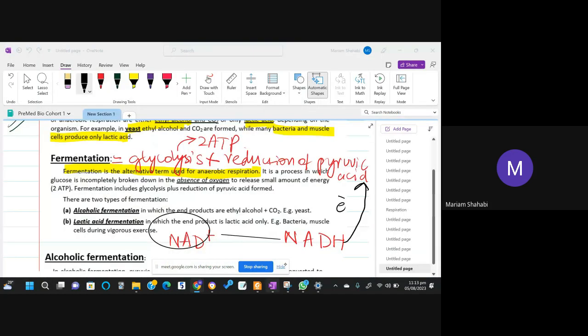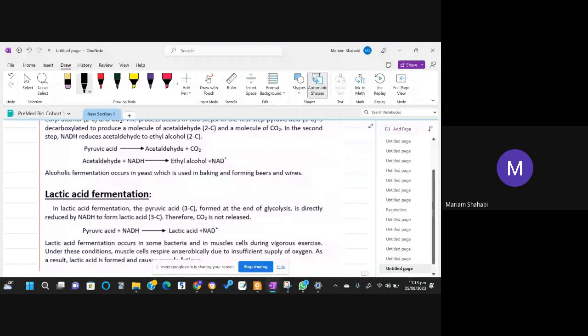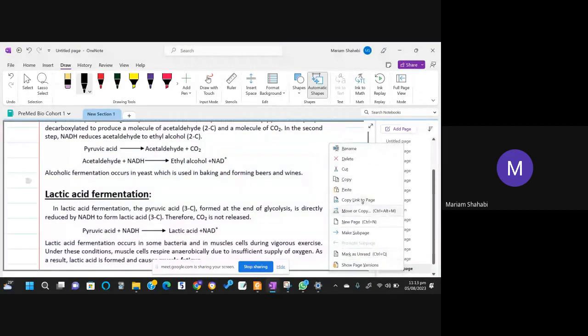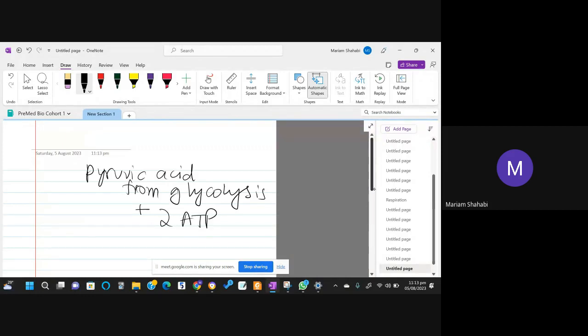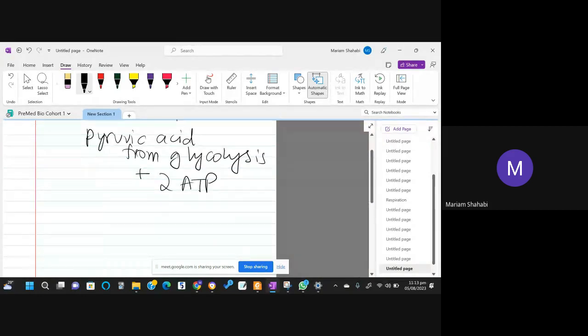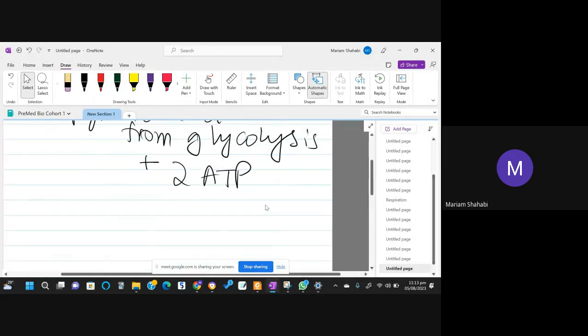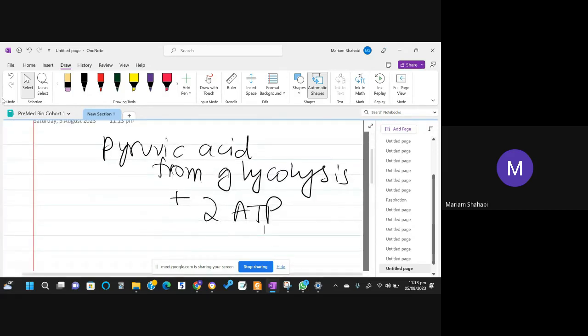And pyruvic acid, I'll explain this in a new page. ठीक है? Look, we have pyruvic acid as the end product. Pyruvic acid from glycolysis. ठीक है? And we have our two ATPs. वो दो ATP जो हमें काफ़ी नहीं है for the cell to function. But फिर भी हम काम चला रहे हैं because we don't have a choice. ठीक है? We have our pyruvic acid from glycolysis.